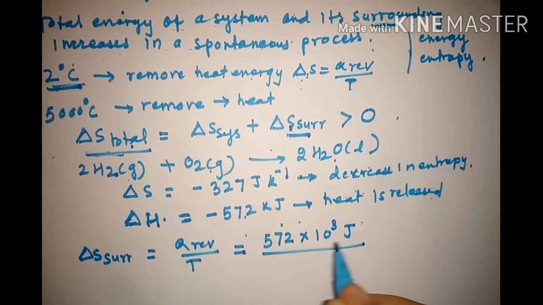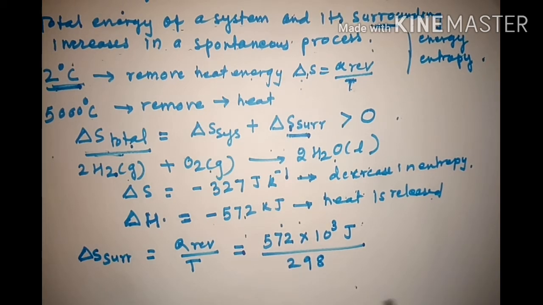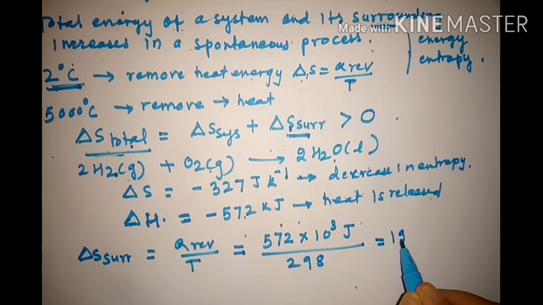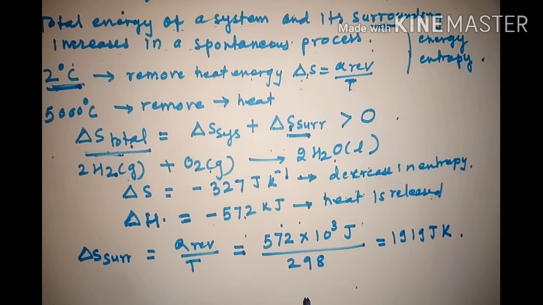We convert it into joules, at temperature 298 K. So it comes out to be 1919 joules per Kelvin, isn't it? Here the heat released was given a negative sign, but when this heat is absorbed by the surrounding, it will have a positive sign.